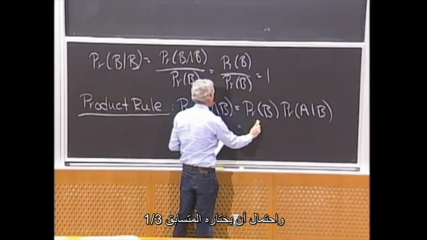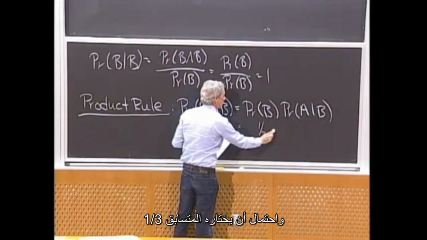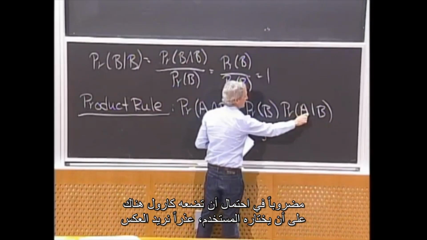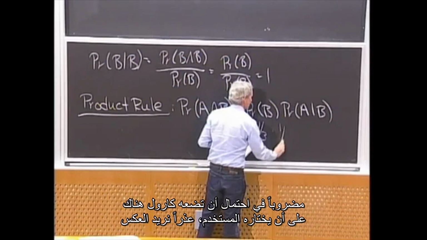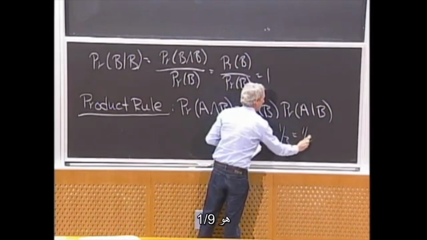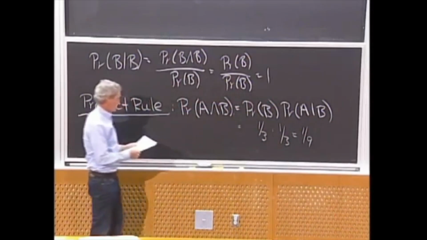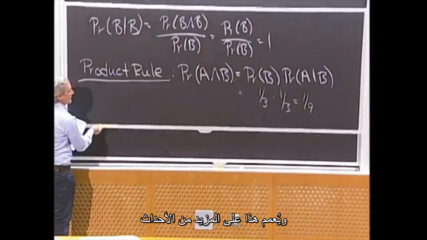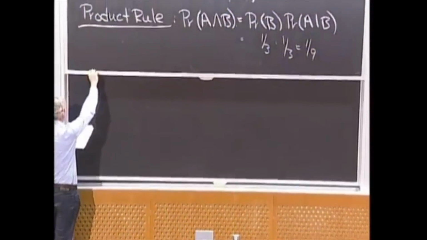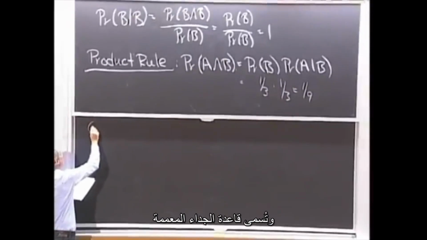Well, the probability that the contestant chooses it is 1/3 times the probability that Carol put it there, given that the contestant chose it, or actually vice versa, is 1/9. Okay? And this extends to more events. It's called the general product rule.